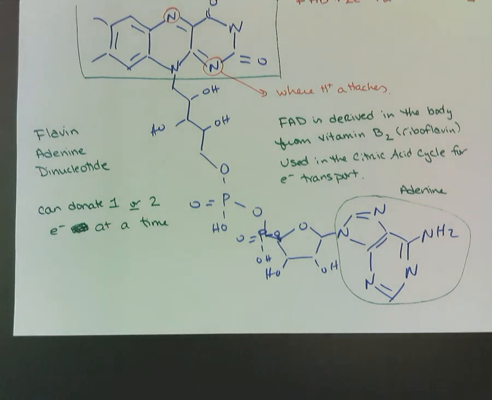Because it can take in 2 electrons, and it can choose to release them either both at the same time or do 1 and then do the same. All right, so our last molecule, which I'll draw real quick, is coenzyme A.